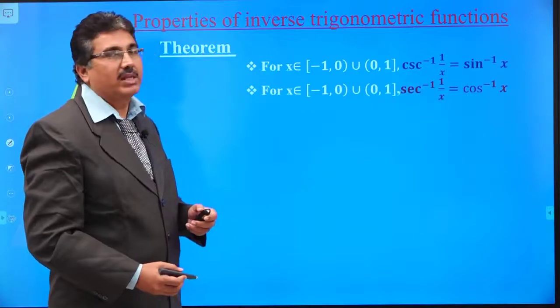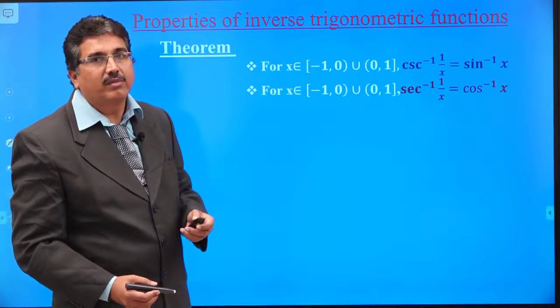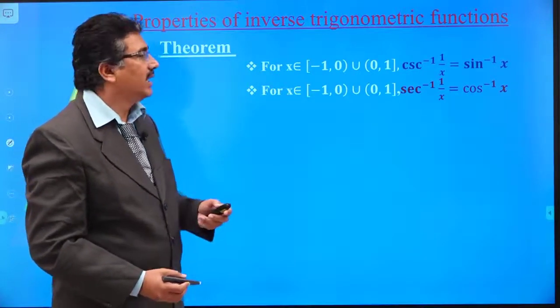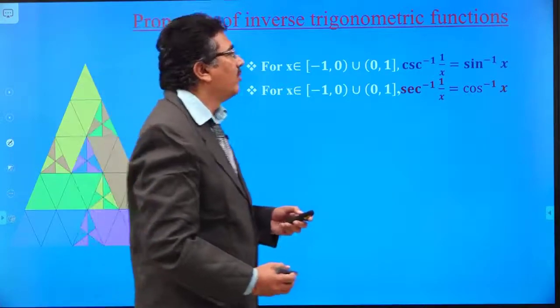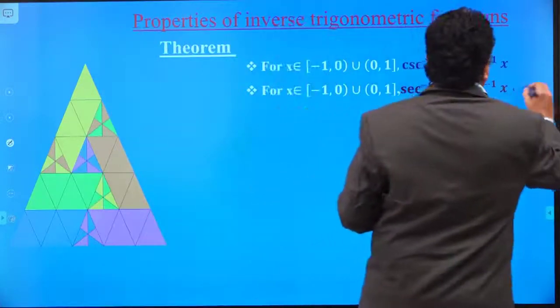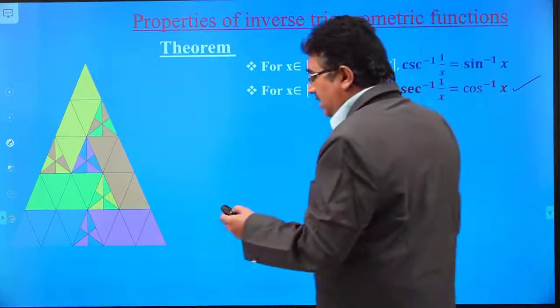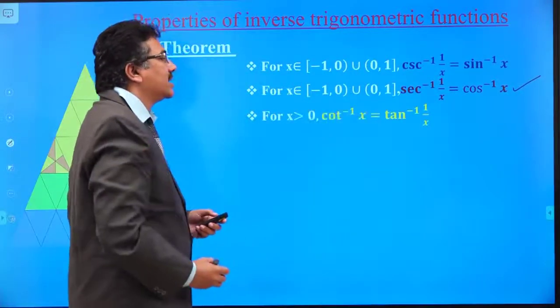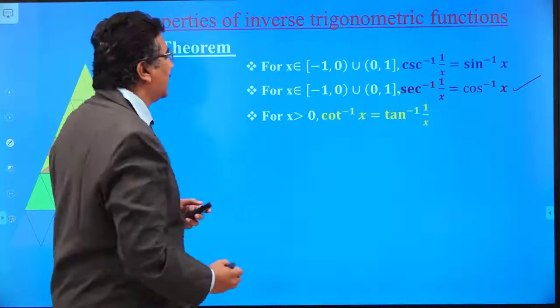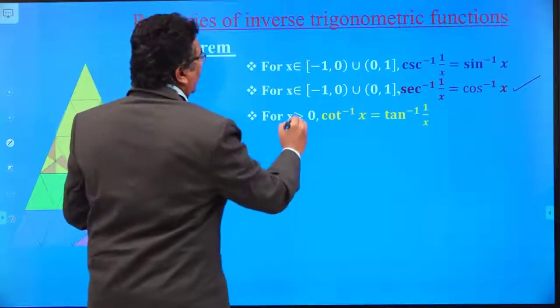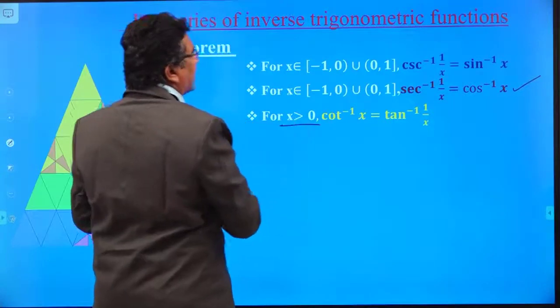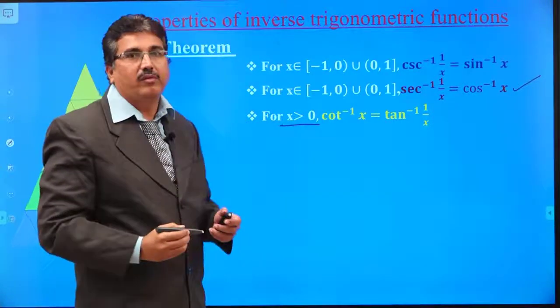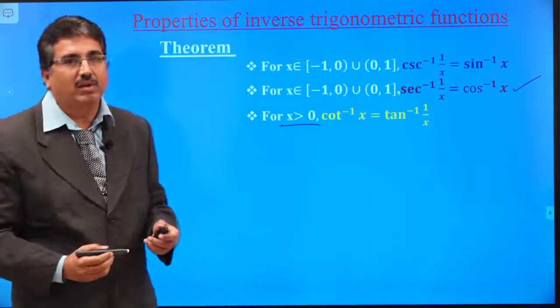Now, cos inverse x in terms of secant inverse is secant inverse 1 by x. Now, cot inverse x is equal to tan inverse 1 by x. This is true only for x greater than 0.